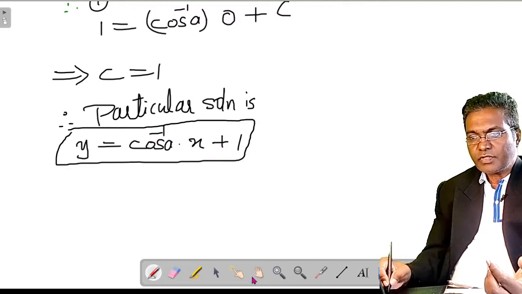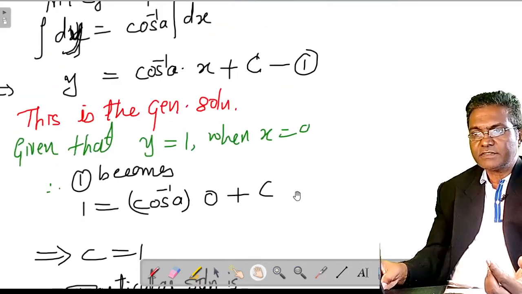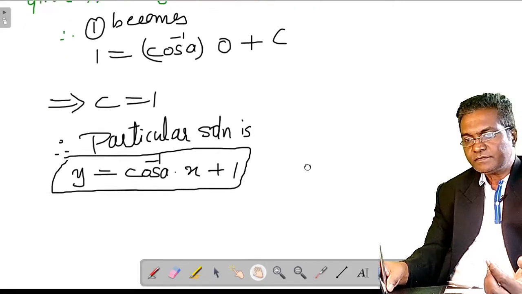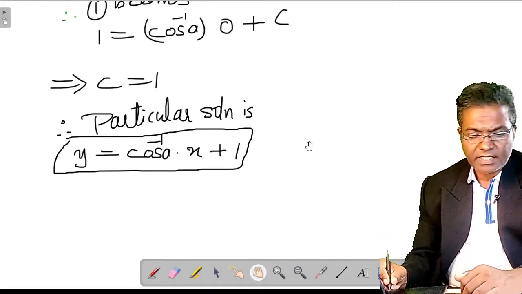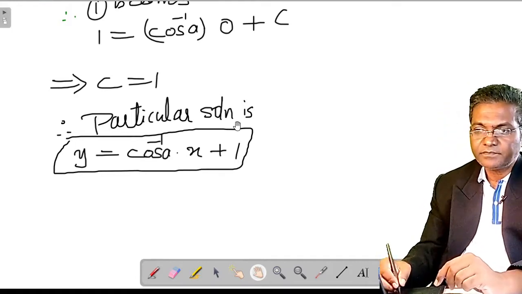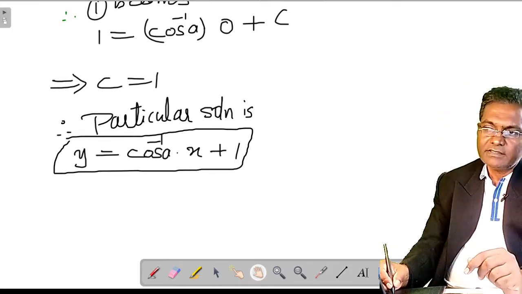So we have substituted the value of c in this equation. In this way you can find the particular solution. So there are a few more standard examples. Let's see.